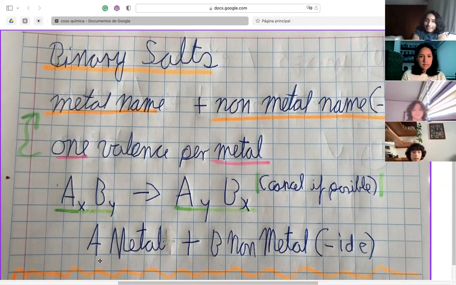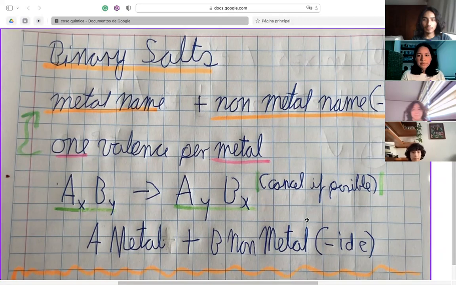Here in A, you have the metal in the normal form plus the B that is the non-metal, but you must write it with an I at the end if possible, because there are some cases where it's impossible, but never mind.